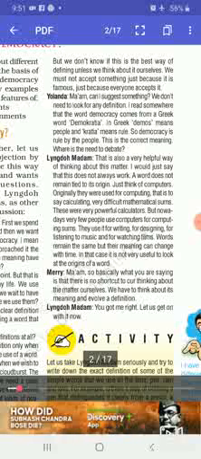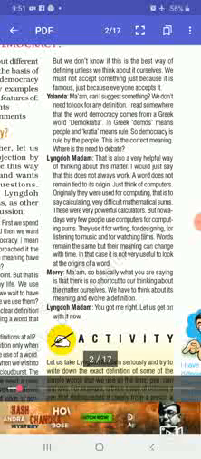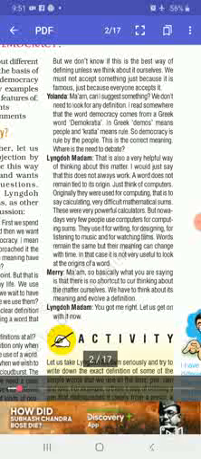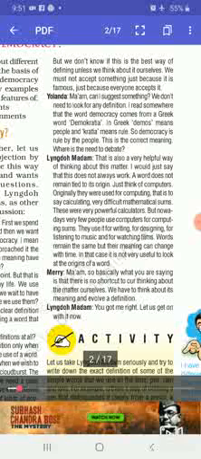These were very powerful calculators, but nowadays very few people use computers for computing sums. They use them for writing, for designing, for listening to music, and for watching films. Words remain the same, but the meaning can change with time. In that case, it is not very useful to look at the origins of a word.